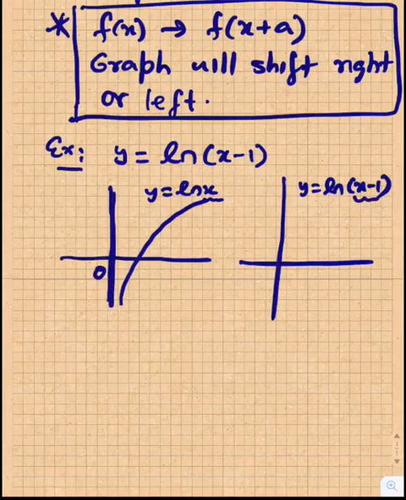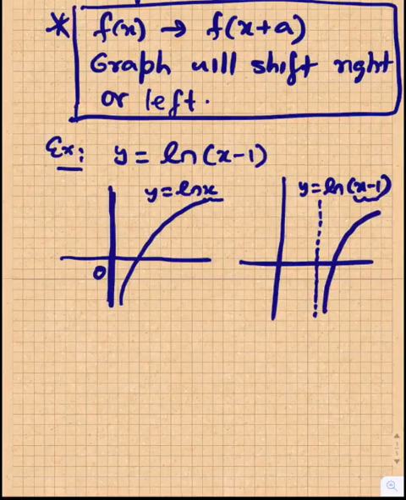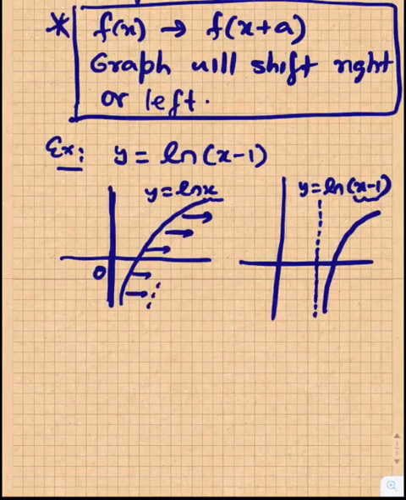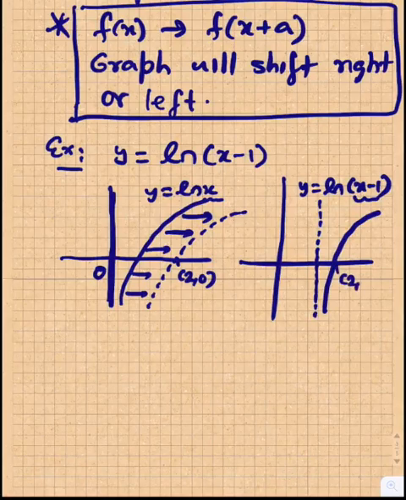Here this bracket is 0 at x = 1, so therefore the line will shift to x = 1. So the entire graph will shift by 1 unit towards the right side. Think of it this way, that the entire graph is shifting by 1 unit to the right. So the graph that we obtain should look something like this. This point will be (2, 0). So that is the graph.